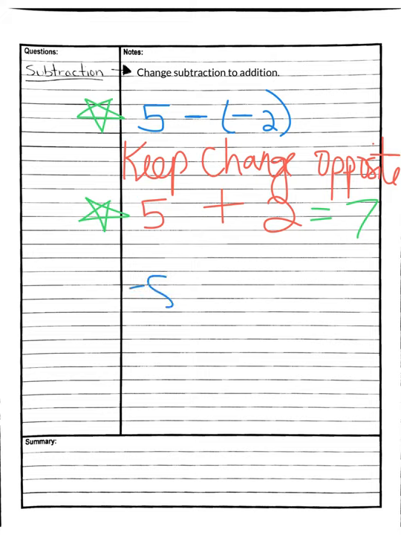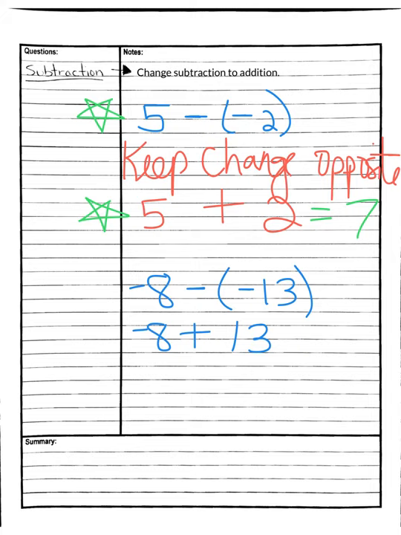I'm going to help you with another one in changing it. If I have negative 8 minus a negative 13, we keep the first number. We're going to keep it negative 8. We're changing subtraction to addition. And we are taking the opposite of that negative 13, which would be a positive 13.